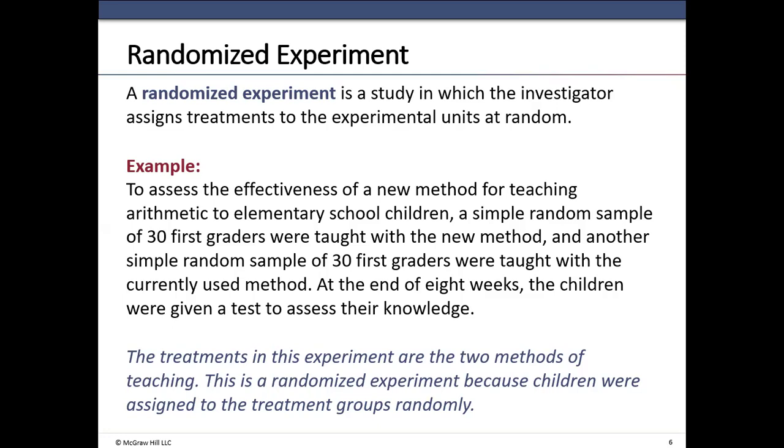One group, in which 30 students were randomly selected, was taught with the current method, and the other group, which was also randomly selected, 30 first graders, was taught with the new method. At the end of 8 weeks, the children were given a test to assess their knowledge. The treatments in this experiment are two methods of teaching. This is a randomized experiment because children were assigned to treatment groups randomly.